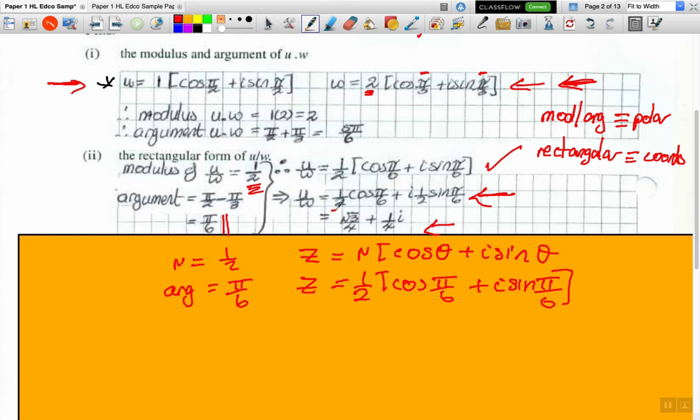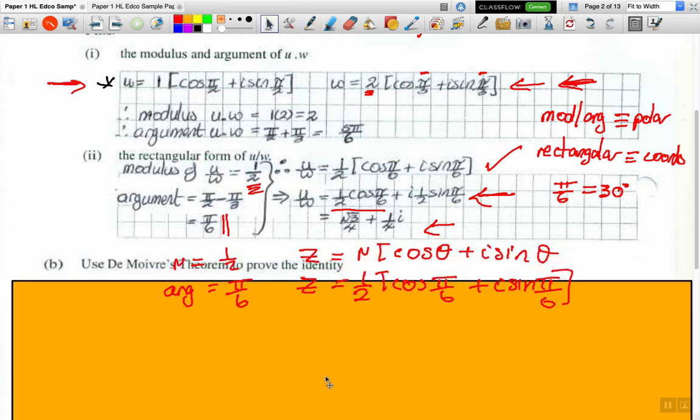You just use your calculator, 1/2 times cos of pi by 6, or 1/2 times cos of 30 degrees, because don't forget, pi over 6 is the equivalent of 30 degrees. And that's the end of parts 1 and 2.